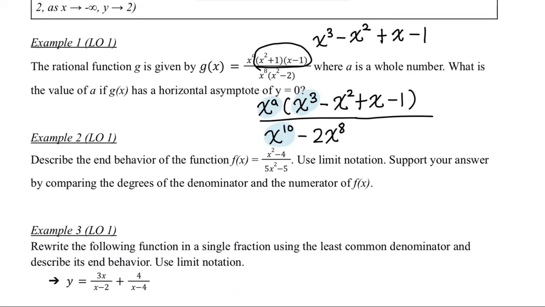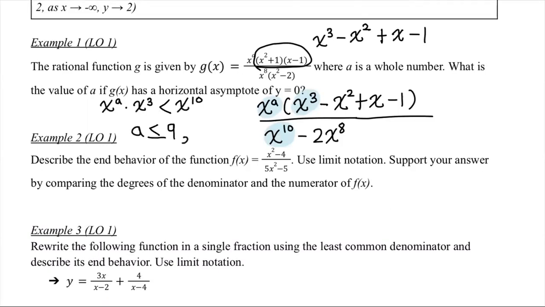So essentially, our task is that x to the power of a times x to the power of 3 is smaller than x to the power of 10. Then what is the value of a if g of x has a horizontal asymptote of y equals 0? The answer is that a should be less or equal to 9.